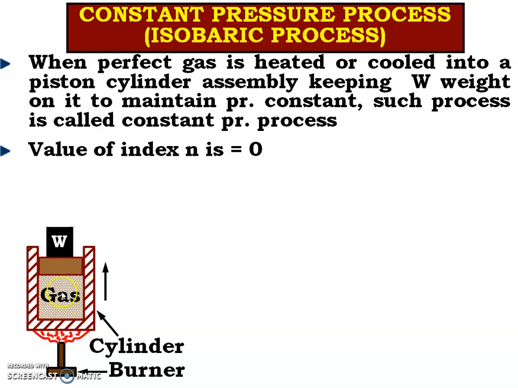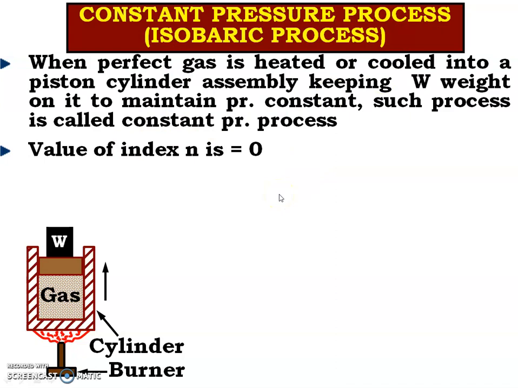So whenever we are not going to change the weight and area of piston, pressure on the gas remains constant. Now when we supply the heat or when we remove the heat from the gas in this condition, then it is said that the perfect gas has passed through the constant pressure process. So that is the definition of the constant pressure process.